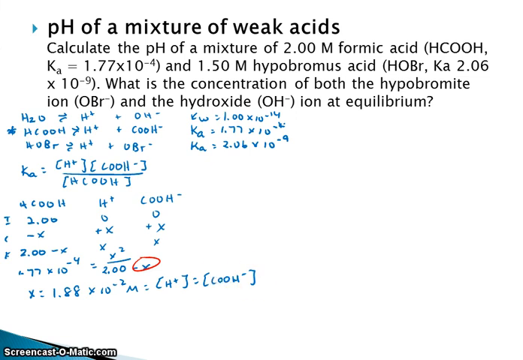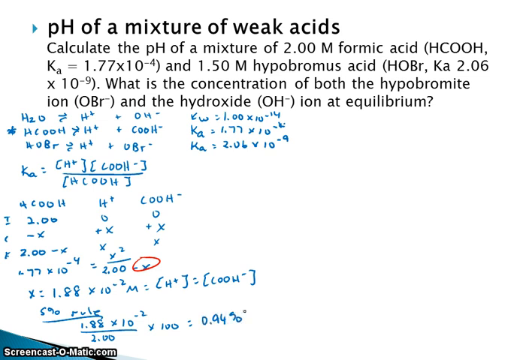Since we made x insignificant, we have to use our 5% rule to prove it. So we'll take 1.88 times 10 to the minus 2, divide it by the original concentration of 2.00, multiply it by 100, and we get 0.94%.